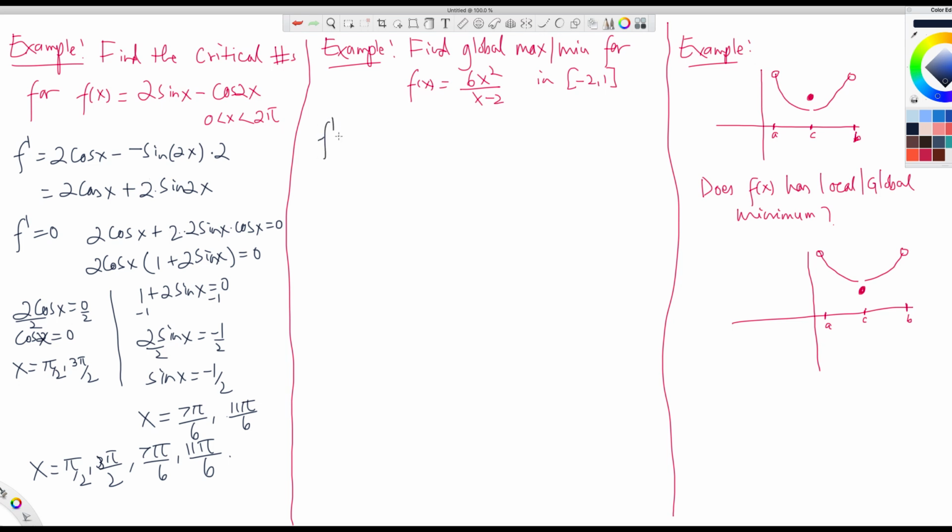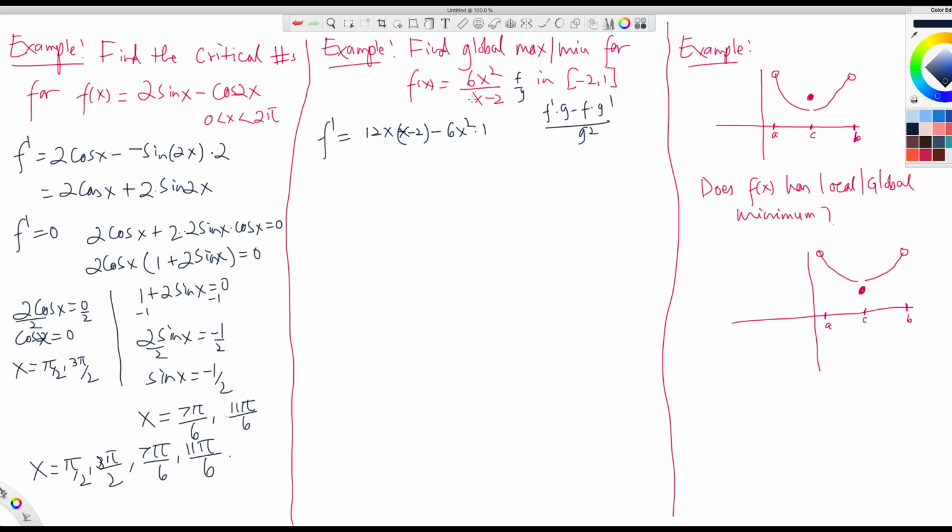So f prime, oh, this is basically in f over g form, right? Do you know the formula? It is f prime times g minus f times g prime, over g squared, right? So let's do that. f prime is 12x times g, which is x minus 2, and then minus f, which is 6x squared, times g prime, which is 1.